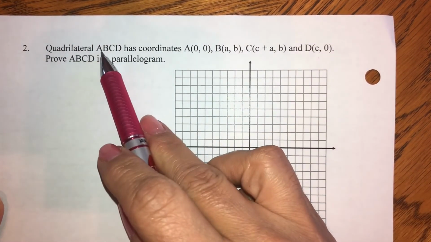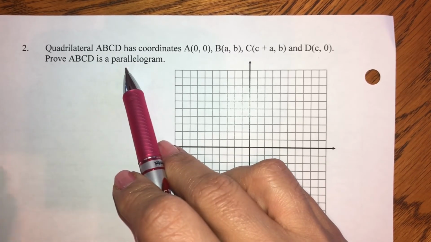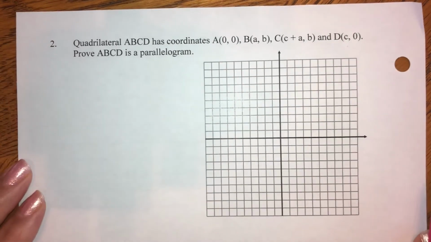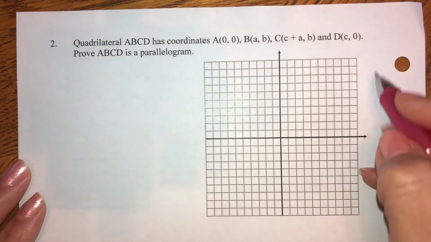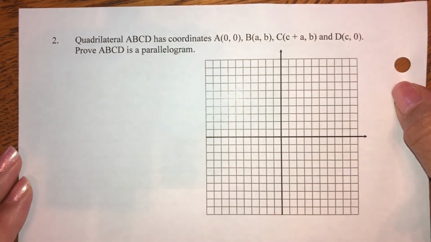I'm just going to draw a quadrilateral named ABCD that looks like a parallelogram, just so that I have something to refer to, to keep track of which sides are across from each other. So I'm going to ignore my grid. The grid is always optional on these problems.